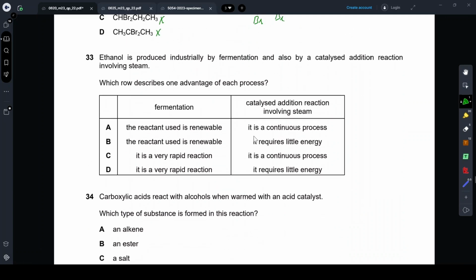Ethanol is produced industrially by fermentation and also by a catalyzed addition reaction involving steam. Which row describes one advantage of each process? Is it A?